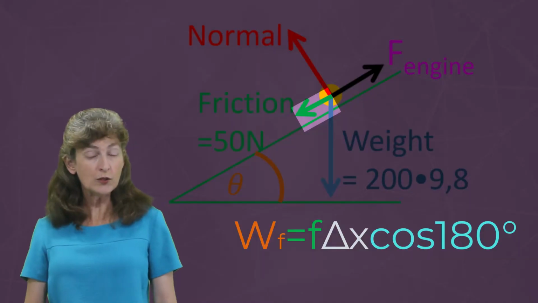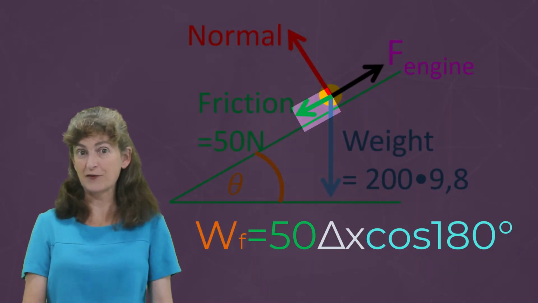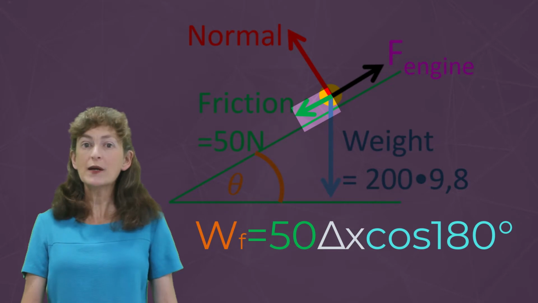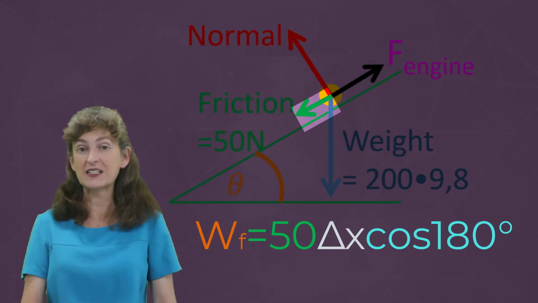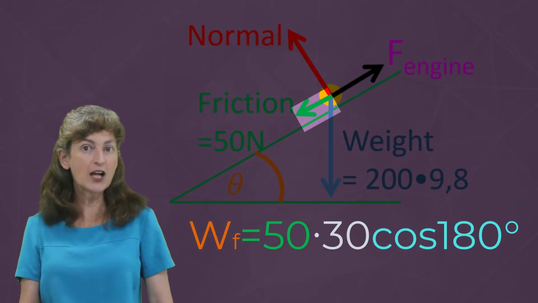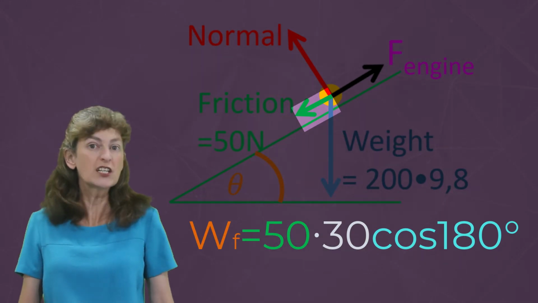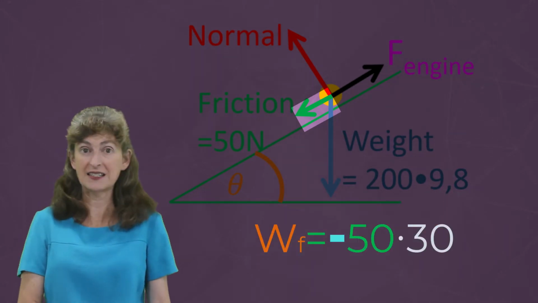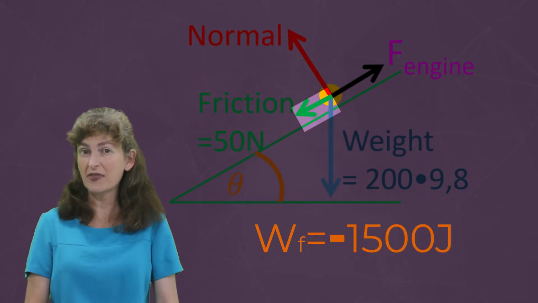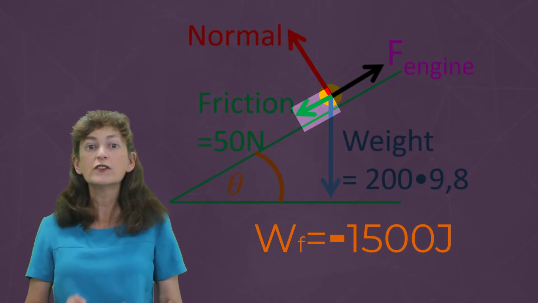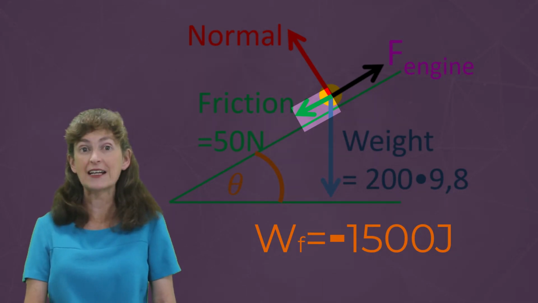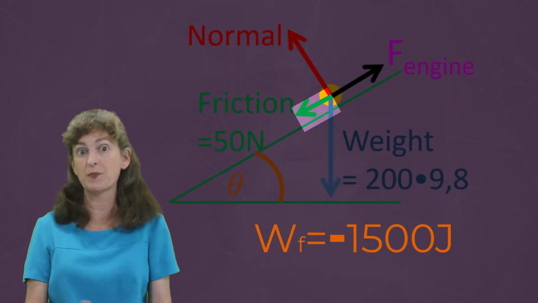We were told that friction force is 50 newtons. We know it acts down the slope, so the work that friction does is 50 times 30 times cos 180 degrees, which is negative 50 times 30, which equals negative 1,500 joules, which means that friction removes 1,500 joules of energy from the car as it moves from B to C.